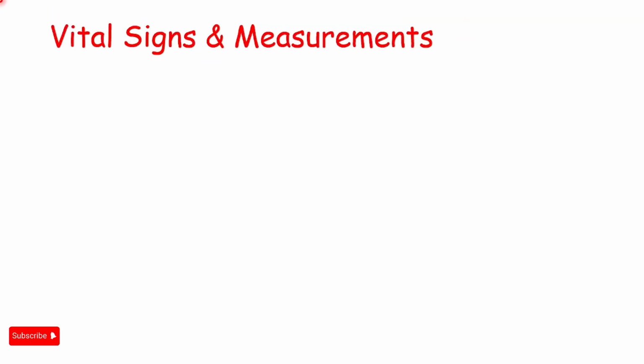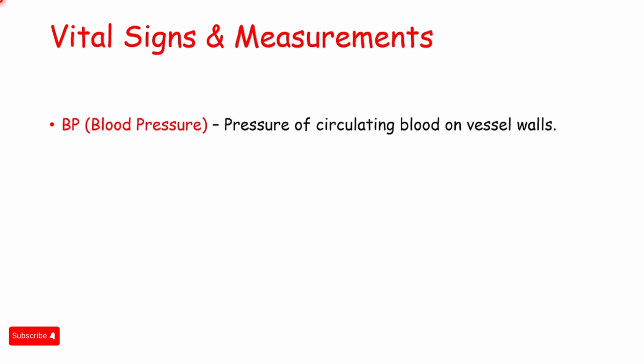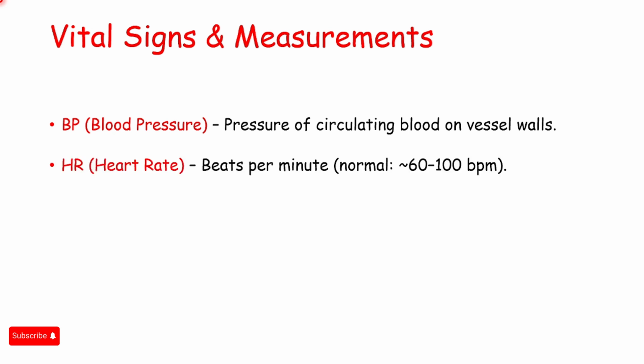Medical terms related to diagnosis, vital sign and measurement. BP means blood pressure, pressure of circulating blood on vessel walls is called blood pressure. Heart rate means beat per minute of heart is called heart rate.